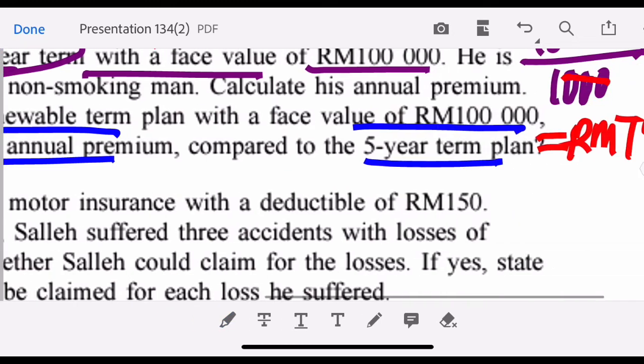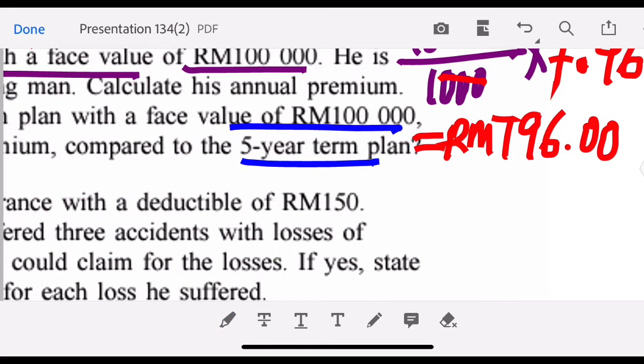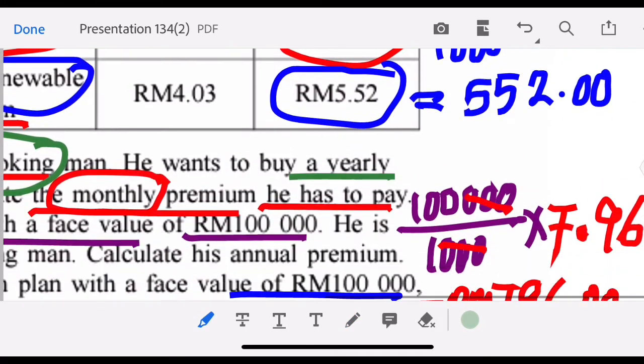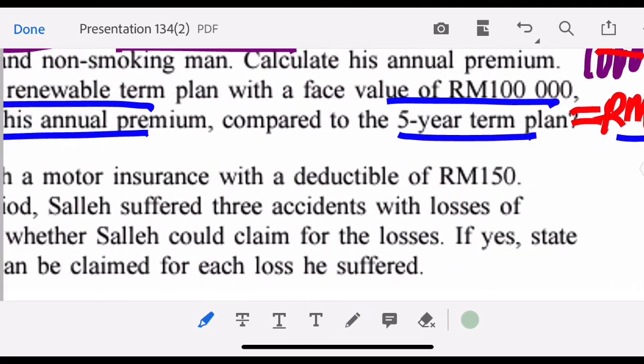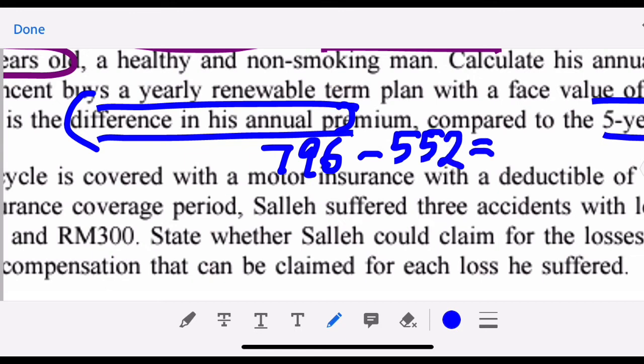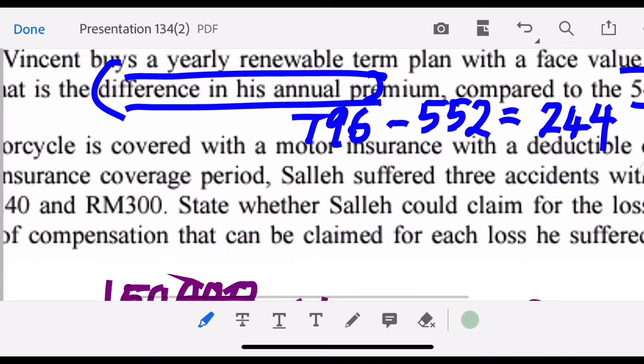So of course we will take 796, the amount just now, minus the 552 to get the difference, right? So the answer is Ringgit Malaysia 244, which is the difference between the two types of policy.